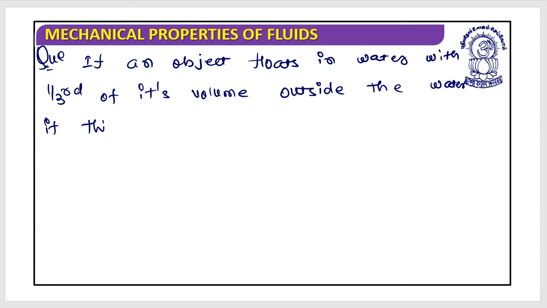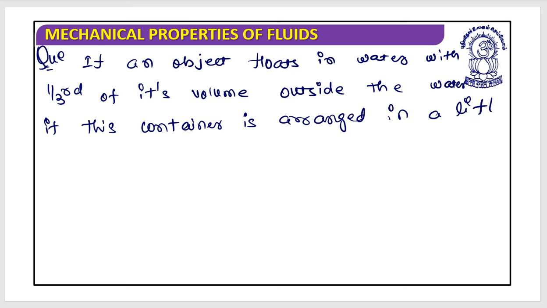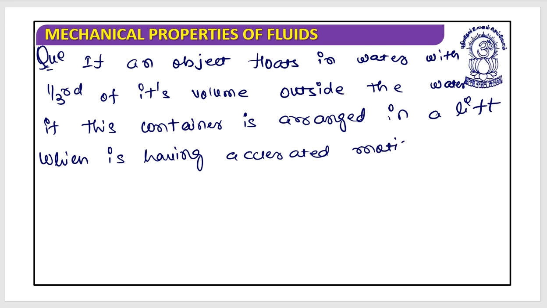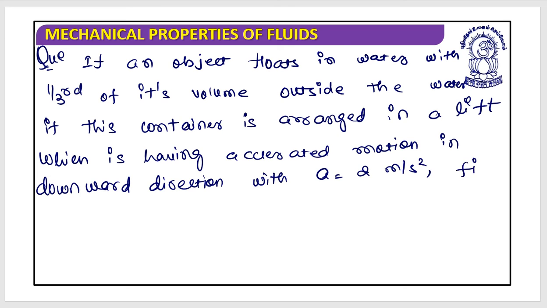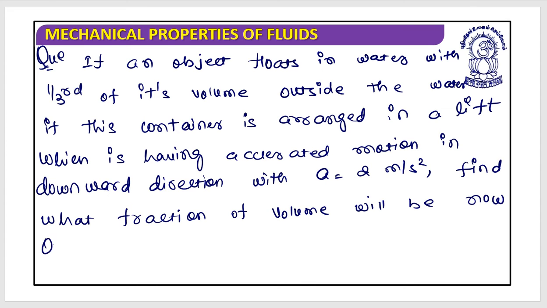If this container is arranged in a lift which has accelerated motion in the downward direction with an acceleration of, let's say, 2 meter per second square, find what fraction of volume will now be outside the liquid.